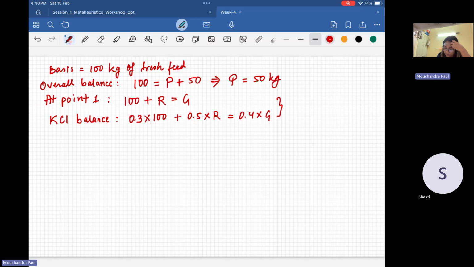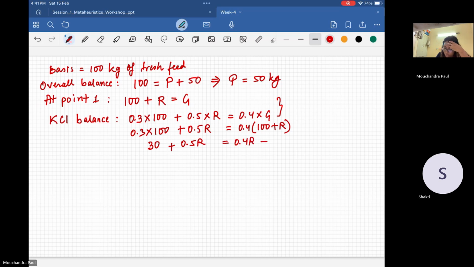If we substitute the value of G in this expression, it turns into an expression containing only one unknown. So let's solve it quickly. So R is 100 kg.